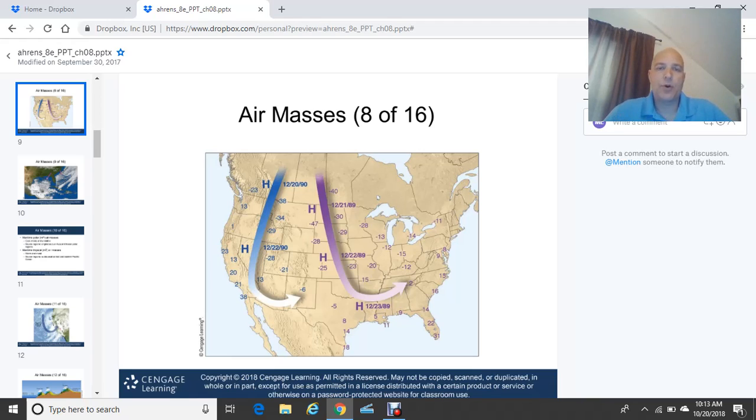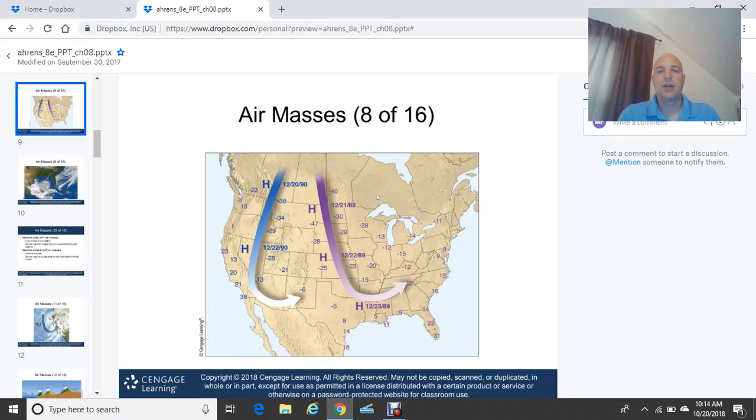Here's a couple more examples besides that Siberian Express, the Arctic outbreak of '83. In 1989, there was a really cold shot of continental Arctic air that came down into the eastern United States. This is showing you some of the temperatures associated with that outbreak of cold air. Negative 30 degrees up in Bismarck, North Dakota.